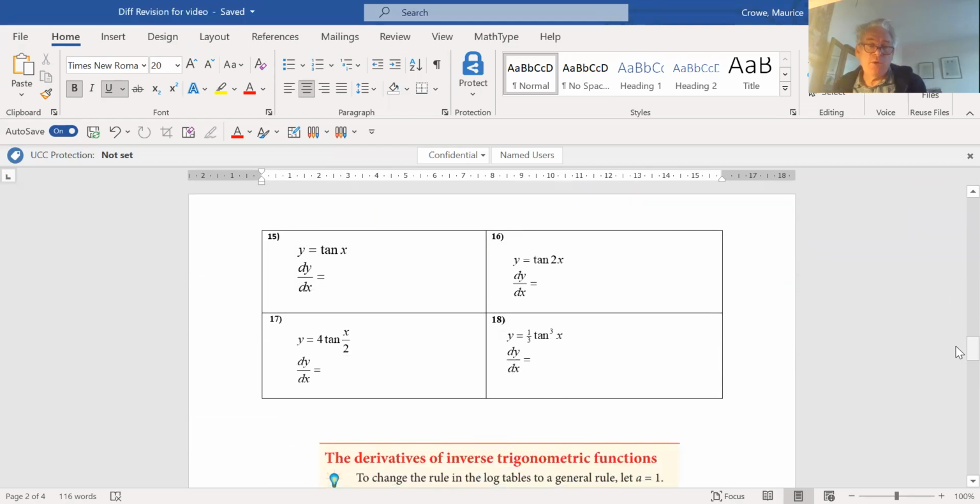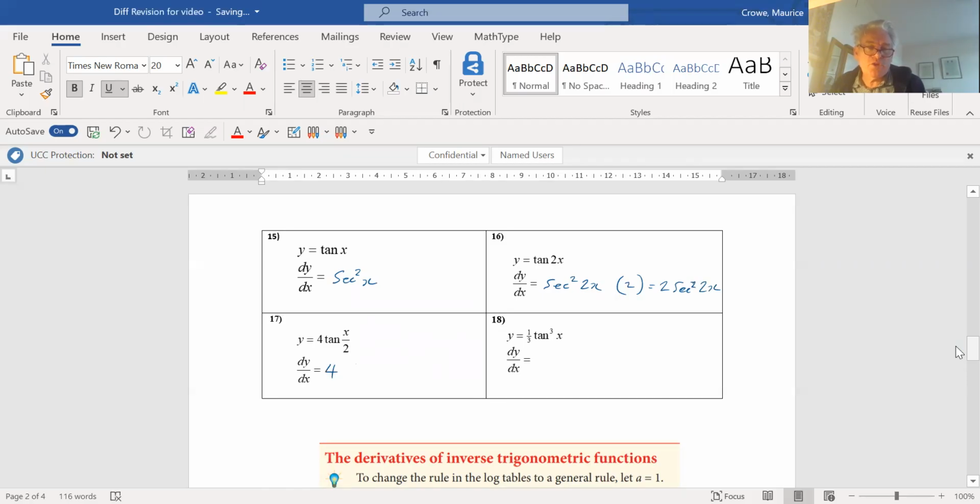Okay. Now, moving on now, how we fix there. Very good. Now, tan x, right? From the log tables, tan x goes to sec squared x. Haven't seen that yet in project maths. I have not seen it. The tan of 2x will go to sec squared 2x, but again, there's a 2 there. So it's 2 sec squared 2x. 4 tan, keep the 4.